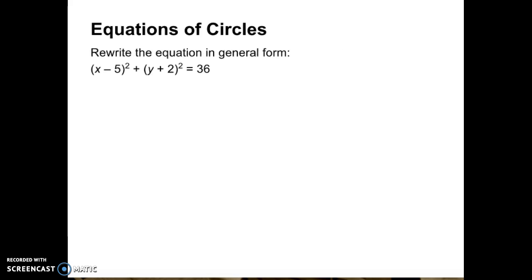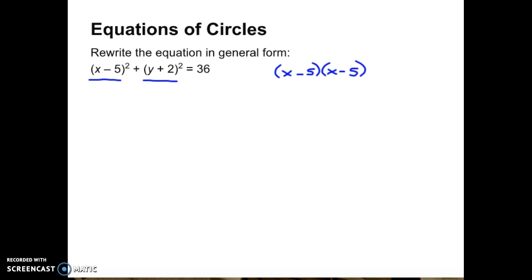Okay, so up here, this is the standard form. We're going to go ahead and write the general form. Really, all we're going to do is FOIL this out and move terms around to get the general form. If you remember, (x minus 5) squared is the same as (x minus 5) times (x minus 5).